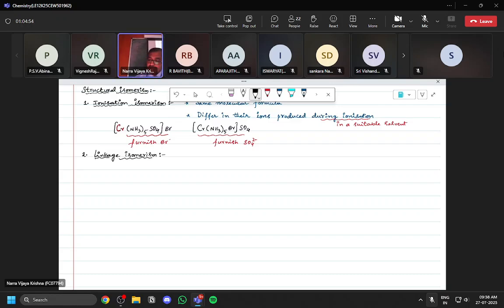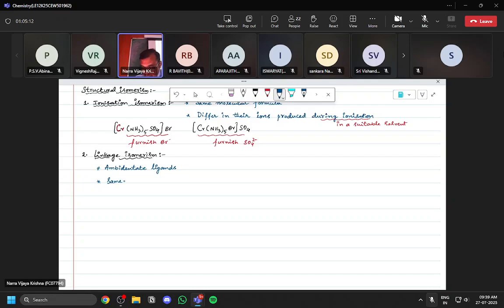Linkage isomerism. Generally, linkage isomerism is shown by ambidentate ligands. Complexes with ambidentate ligands generally show linkage isomerism, right?